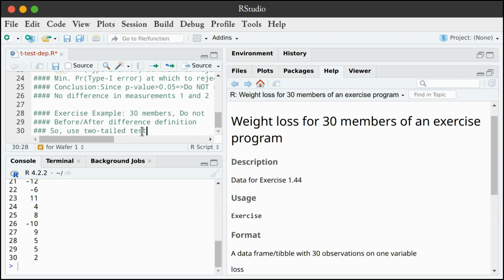So we're going to use a two-tailed test because if it fell on the left tail, we can conclude there is a difference. Right tail, there is a difference. Otherwise, no difference at all.